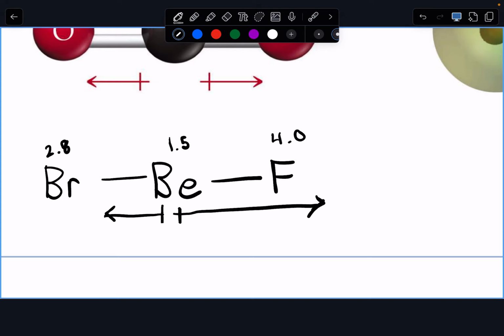So what is that? 2.5 and 1.3. So not quite half. Okay, so they're opposite directions, but the difference in charge, the size of that dipole moment, is different. And so some of it will cancel out, but not completely. So maybe this and this cancel out, but you're still left with this amount of charge difference.